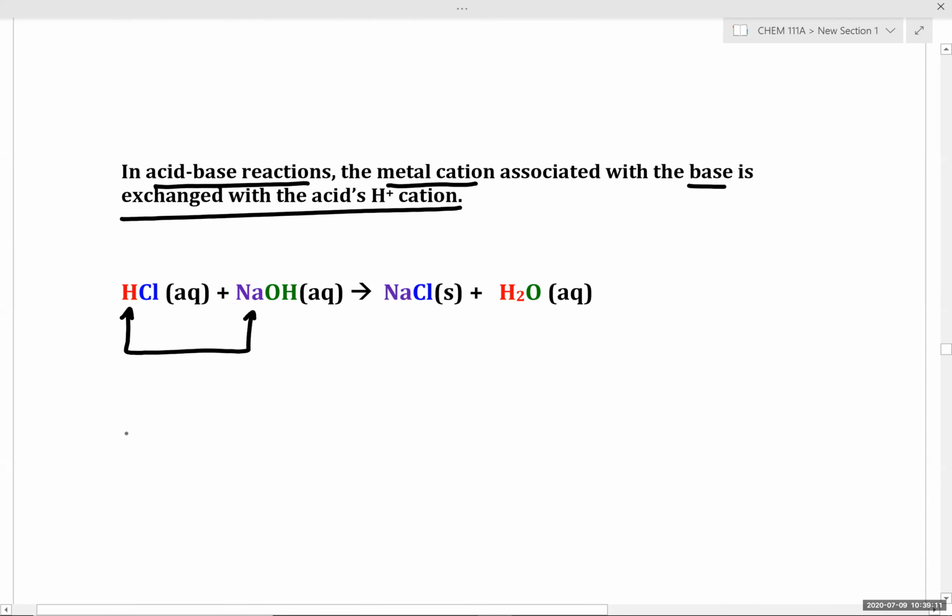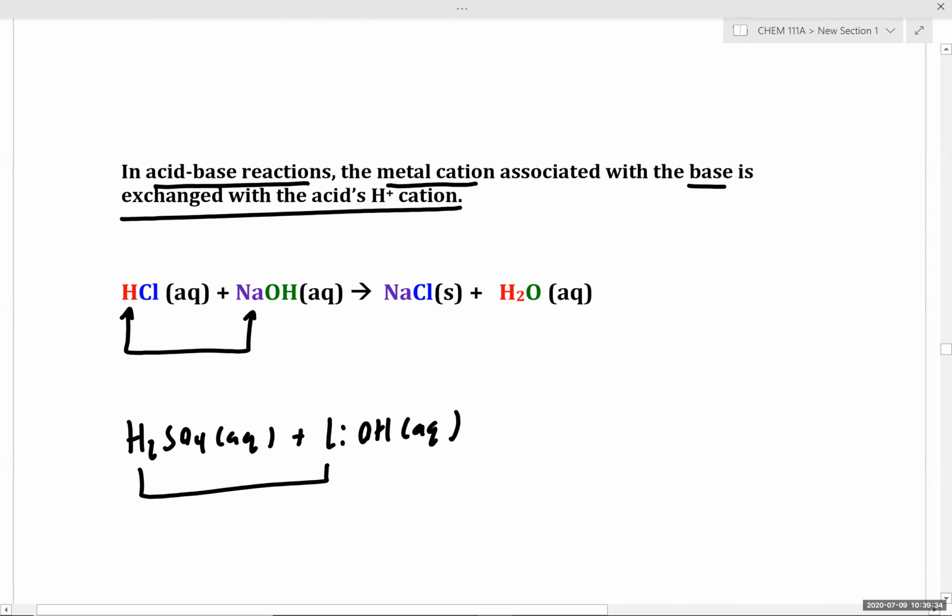Let's look at an example. For example, if we react sulfuric acid aqueous with lithium hydroxide aqueous.